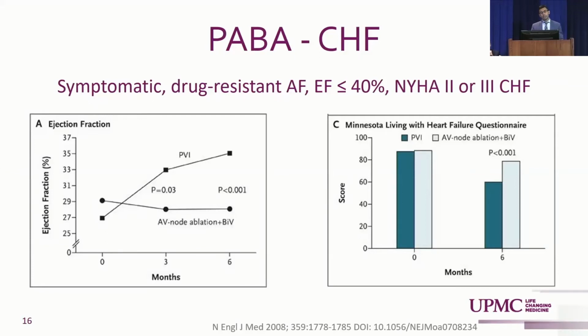The study looked at endpoints of left ventricular ejection fraction improvement, 6-minute walk test, and quality of life. In all these 3 parameters, the group with pulmonary vein isolation did better compared to biventricular pacing and AV node ablation, suggesting again that maintaining sinus rhythm is superior to leaving atrial fibrillation in place and controlling rate, the best rate control that's possible with device management.